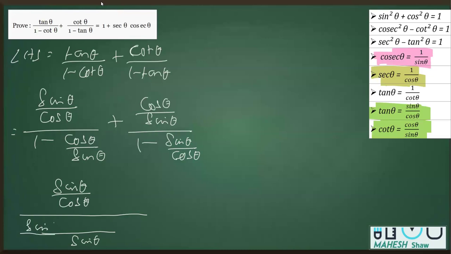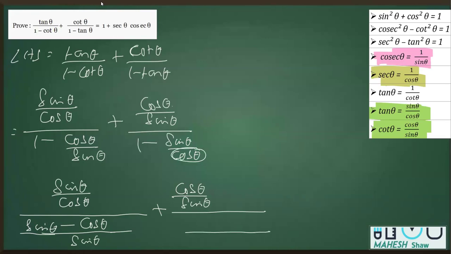So this is sine theta minus cos theta, plus the same on the other part of this sum, that is cos theta over sine theta. Numerator copied. Now in the denominator, we have LCM as cos, so I'll take cos theta, and this is 1 minus... 1 into cos is cos, so I'll write this as cos theta minus sine theta.